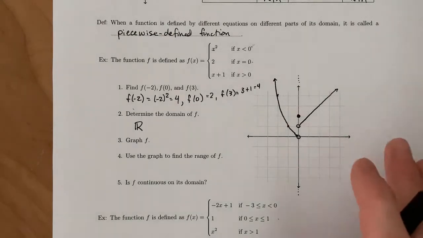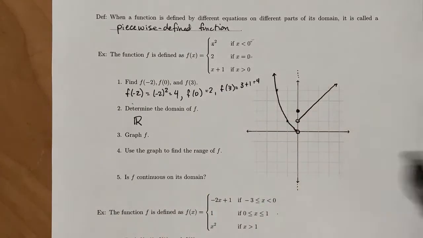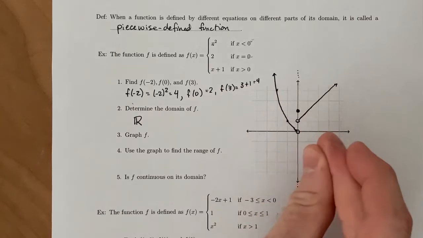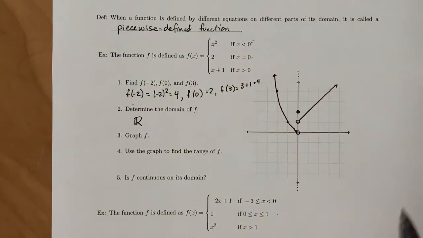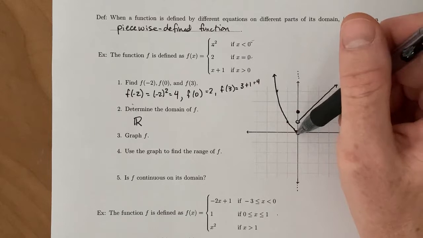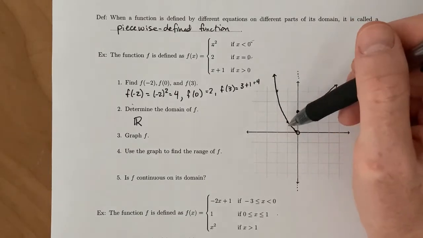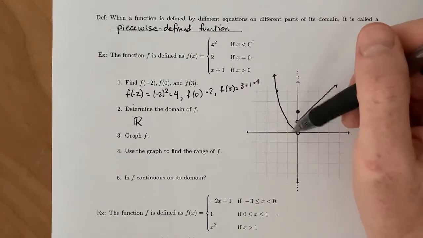Let's use the graph to determine the range of this function. So again, if we take this and just squeeze it down on top of the y-axis, we need to figure out what is covered up and what isn't. So we have everything from almost 0 to infinity being covered up by this portion of a parabola over here.